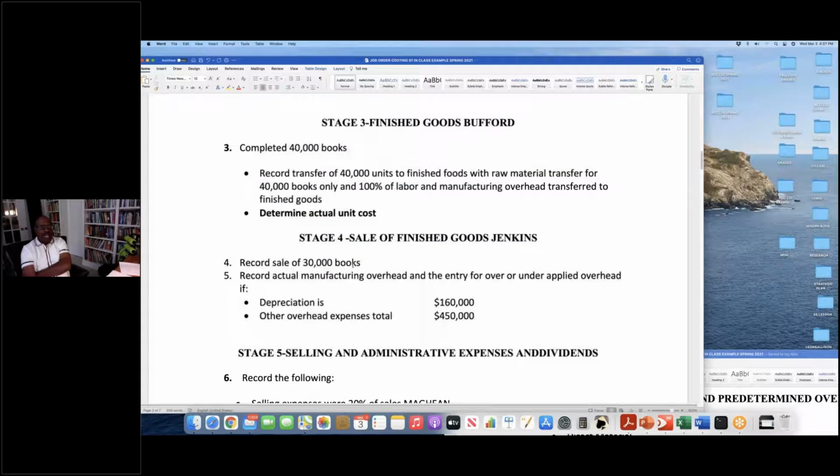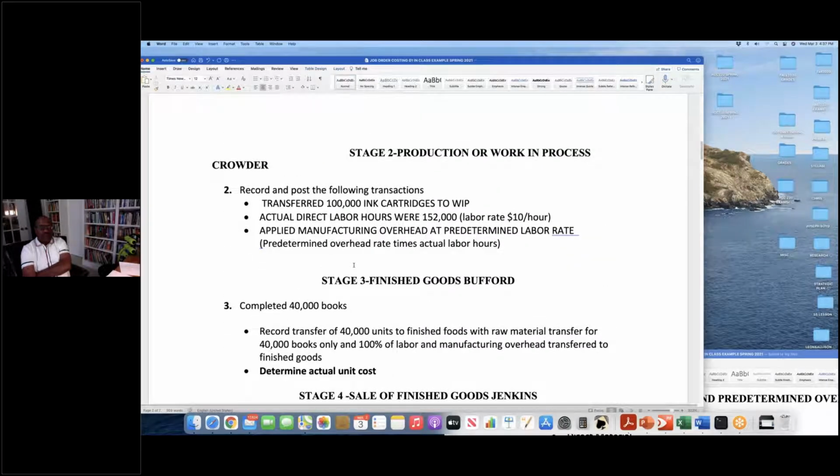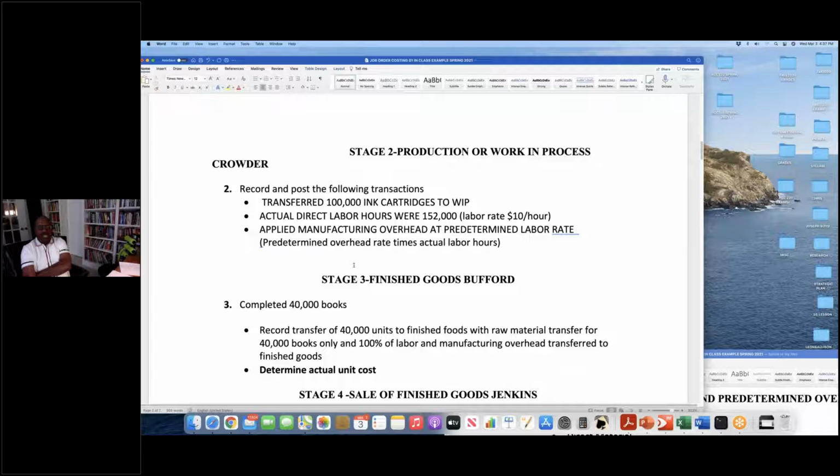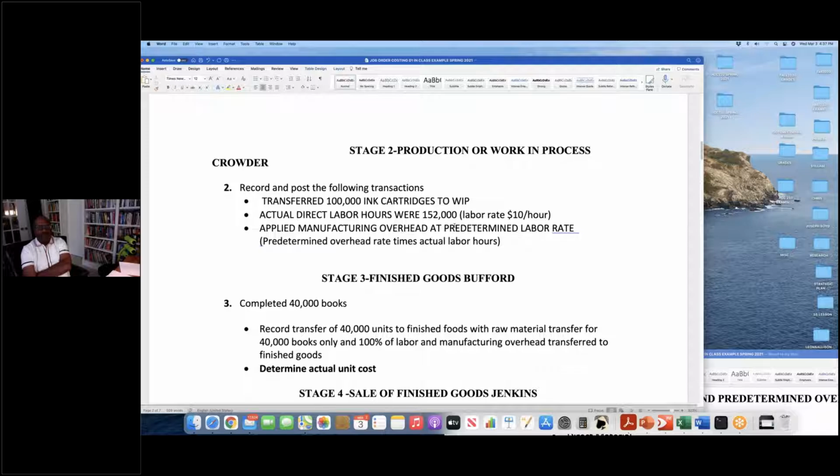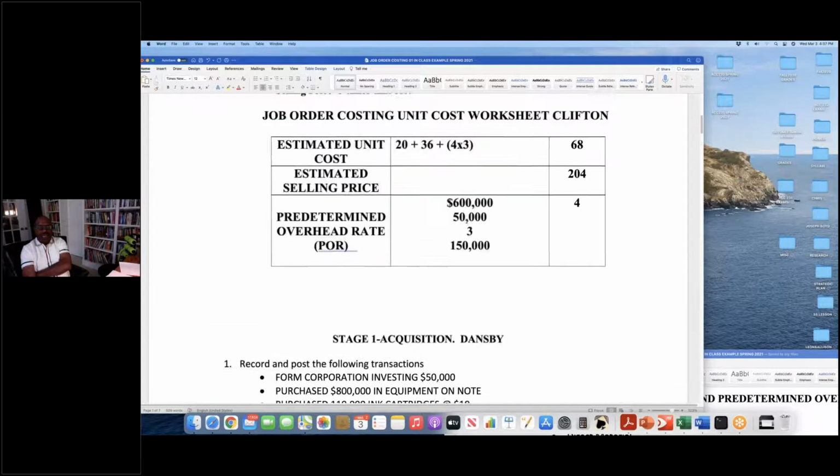So let's get this amount. What's our amount going to be? Predetermined overhead rate times actual labor hours. The labor rate was $10, times the POR. If we go back, what was our POR? Was it 4? Our POR was 4.